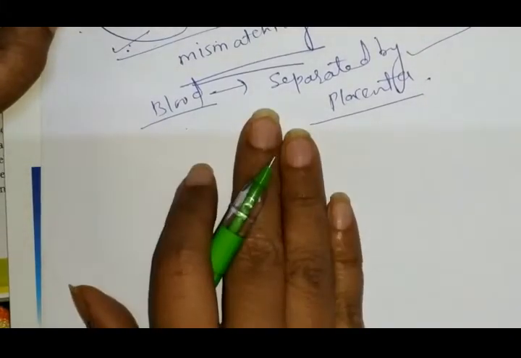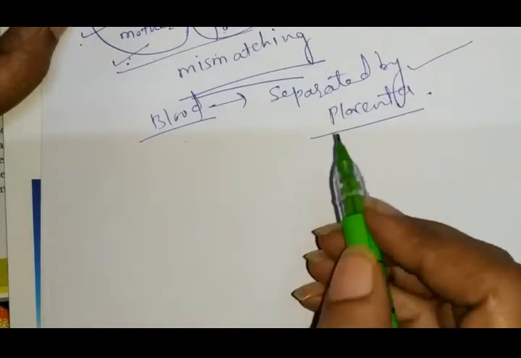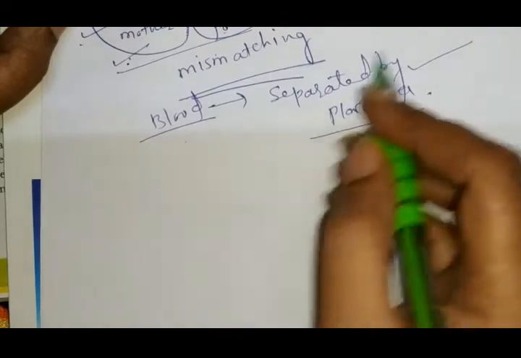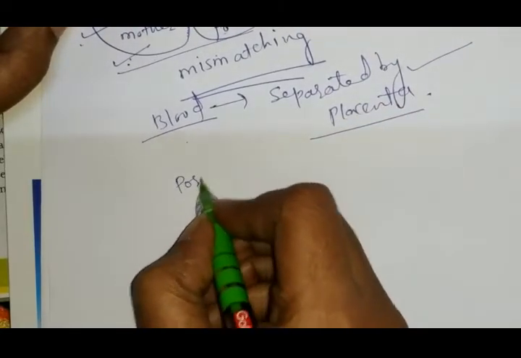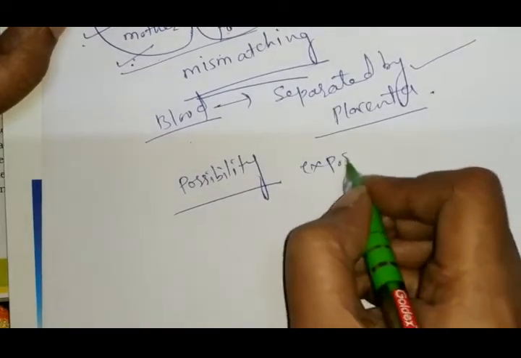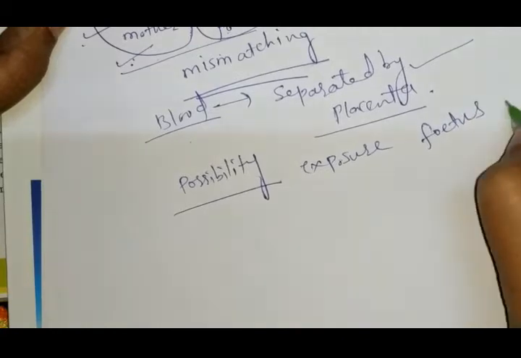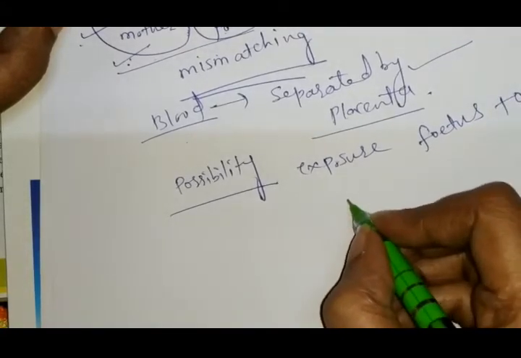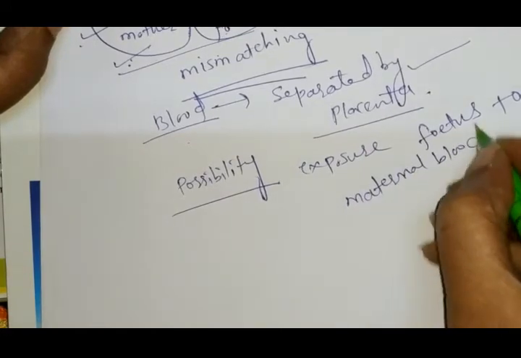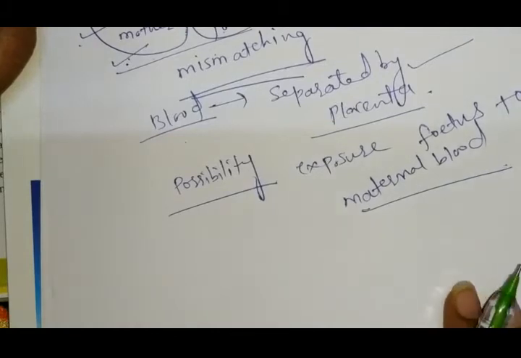But after the delivery, during this delivery, there is a possibility of exposure of the child's blood. Which possibility? Exposure of the fetus blood to maternal blood. Due to this possibility, in such cases, the mother starts preparing antibodies. What will the mother start?